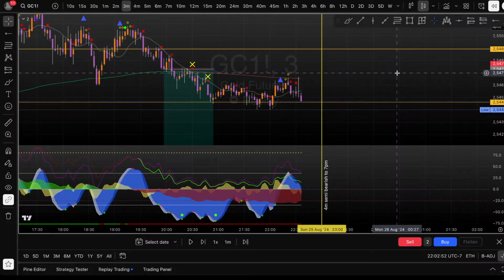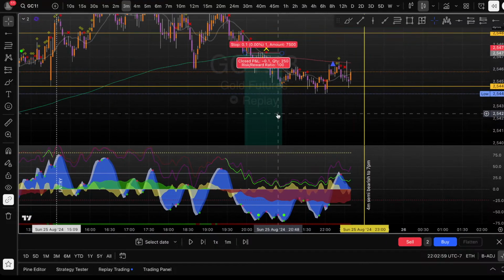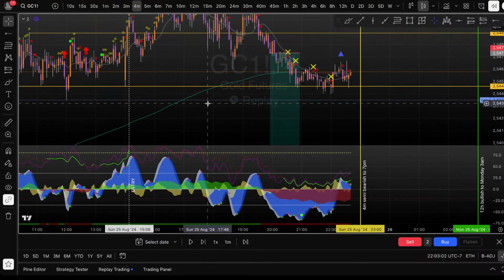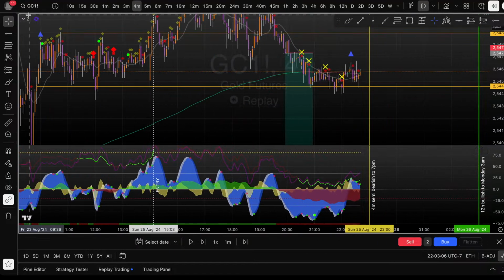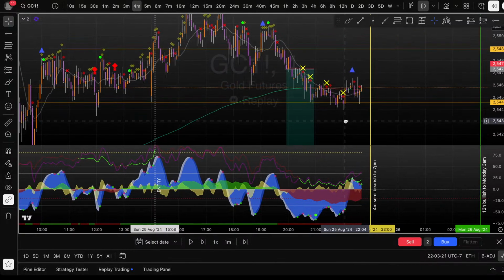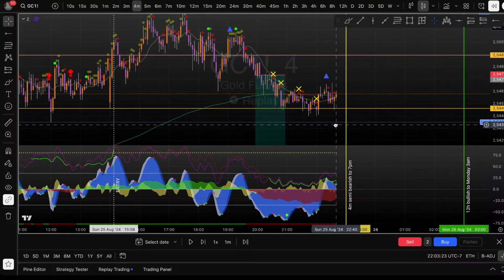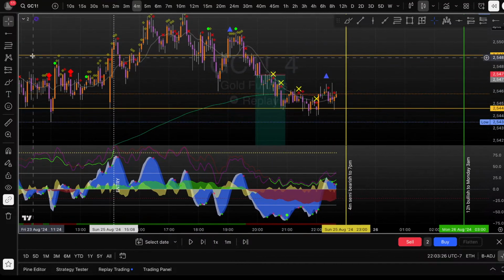Yeah, nice long bear wick. Come on, baby. Four minute is a trusty one. You know, it's kind of getting exhausted here.